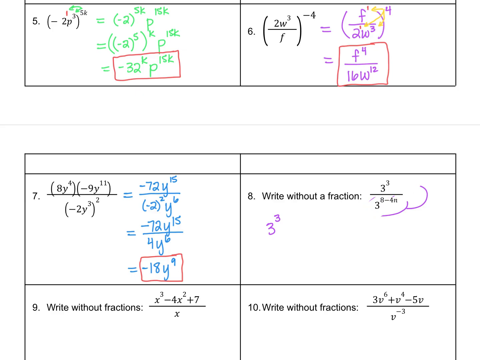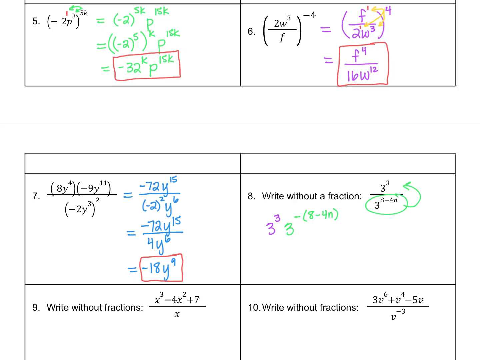So if I want to bring this up to the top, I need to multiply by 3 to the power of a negative exponent. So that's going to be -8 minus 4n. I want to make the whole exponent negative, all the parts of it.